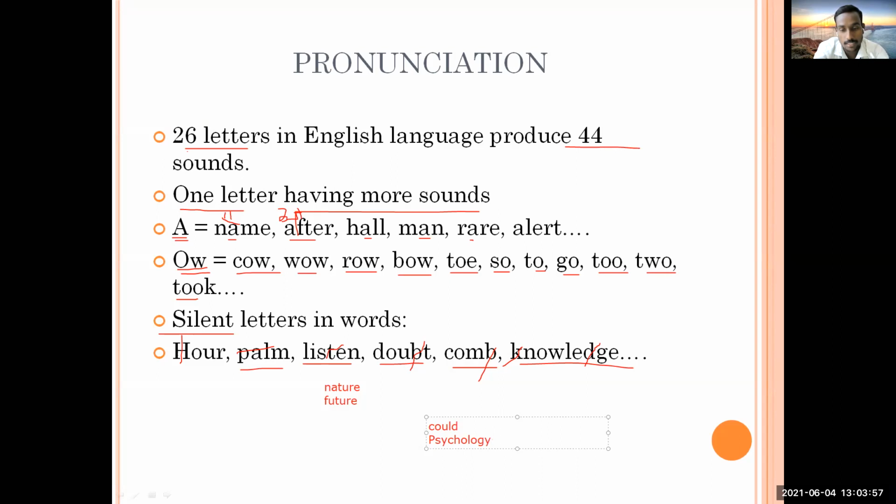There is another word like pseudo. P, S, U. So it is pseudo, but there is a P, and like pneumonia, and so many words are here. We cannot list all here. Their actual spelling is totally different, and their pronunciation is also totally different.